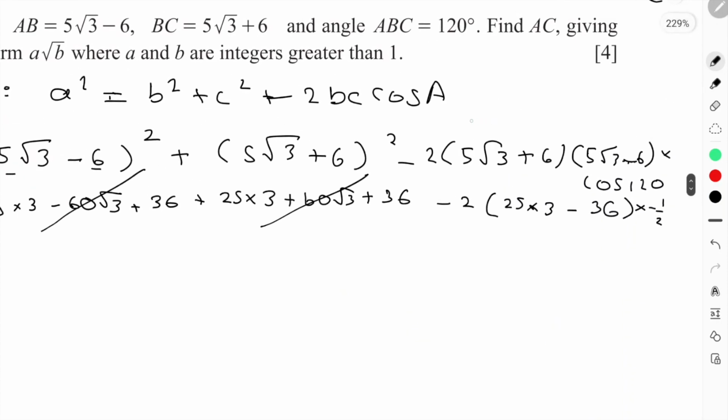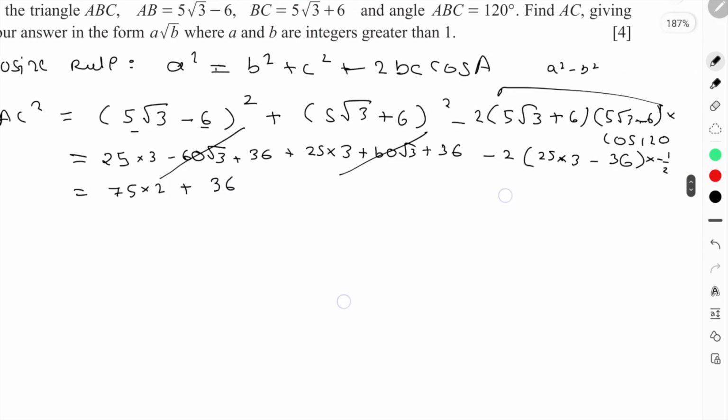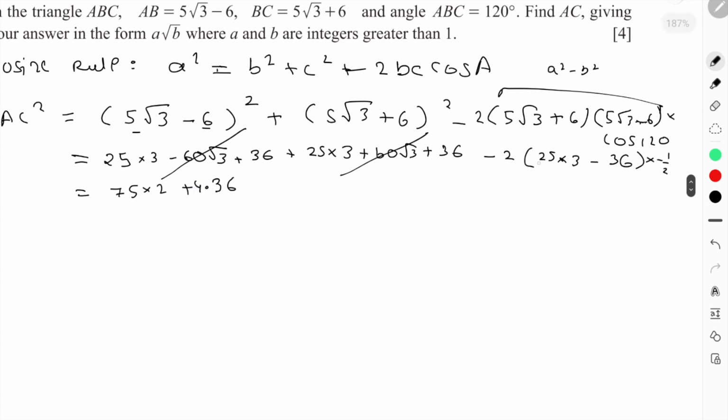Okay. So in this one, I just used a squared minus b squared. And now we have 75 into 2 plus 36, and then into 4 because, well, this plus, wait, it's not gonna be that because there's a minus 1 by 2, so just be very careful.